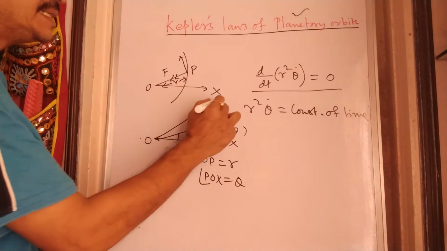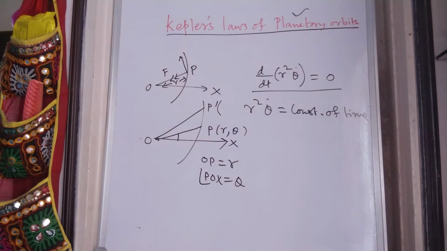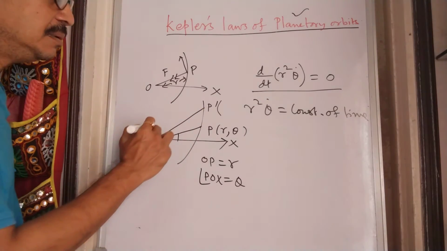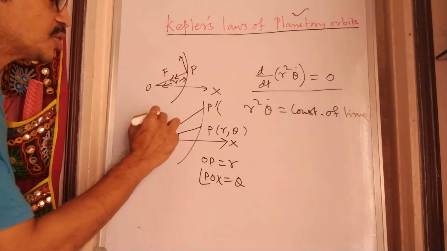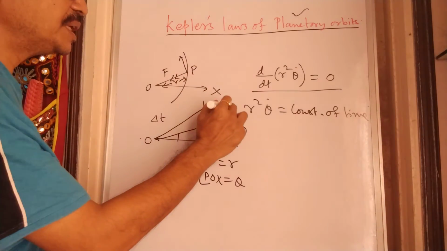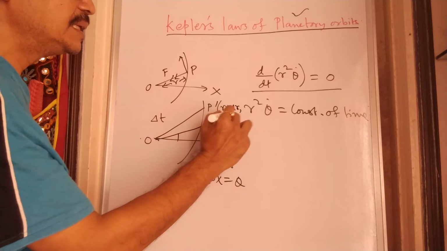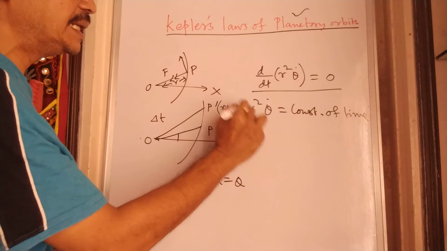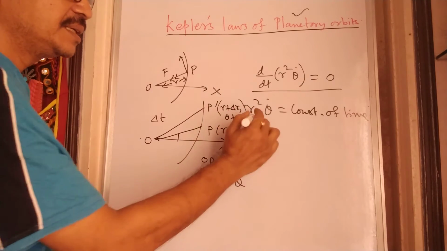And this is a shifted position. The position P shifts to P prime in an infinitesimally small time delta t. That means P and P prime are infinitesimally close along the path. So P prime has coordinates r plus delta r and theta plus delta theta.